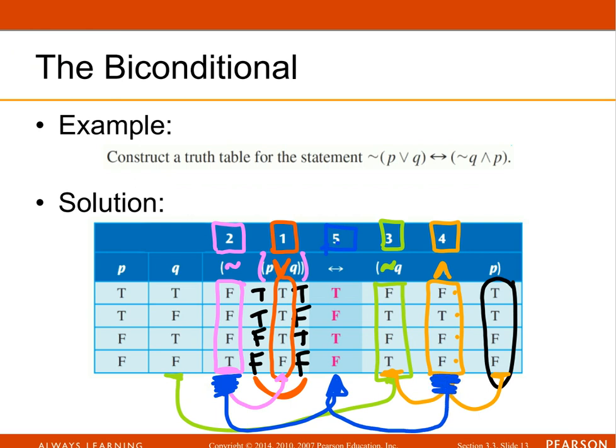Then remember, on if and only ifs, they both have to be false or they both have to be true. So on this first one, false and false gives you a true. False and true gives you a false. False and false gives you a true. True and false gives you a false. And that's the final step on that one.